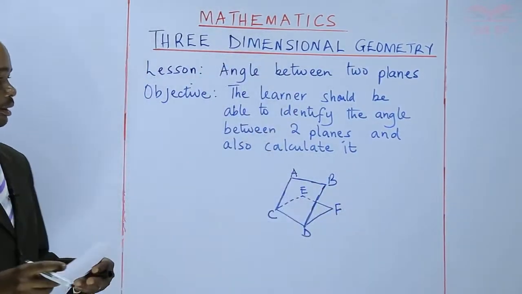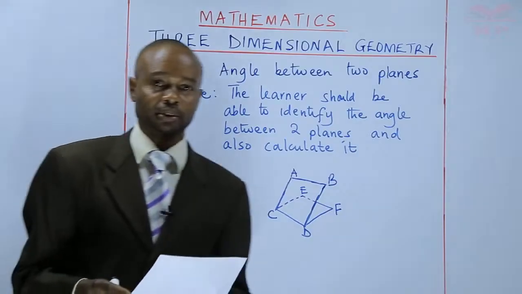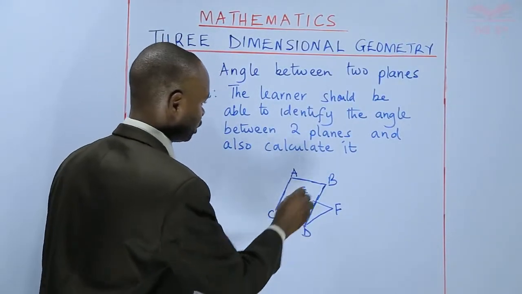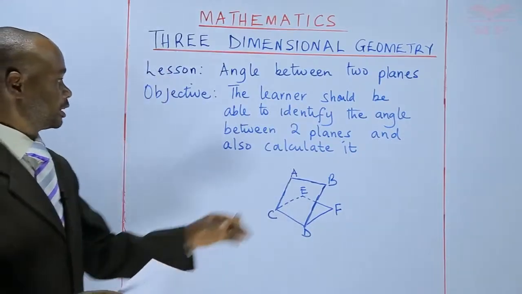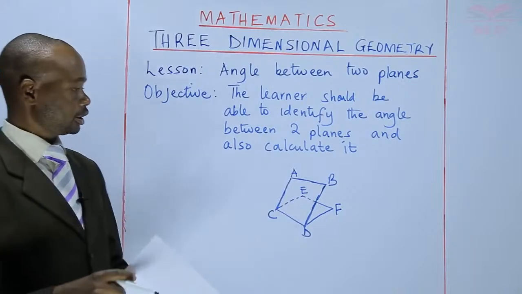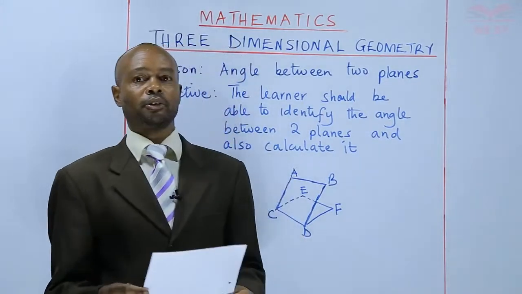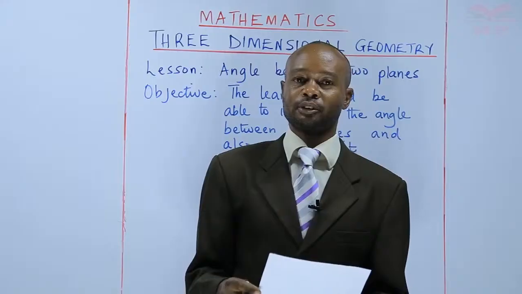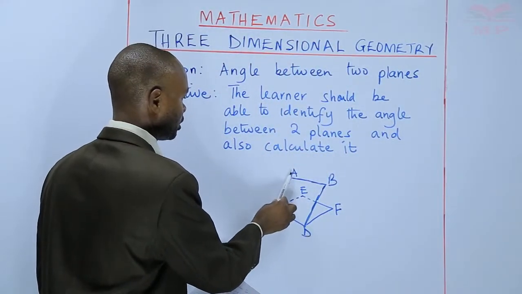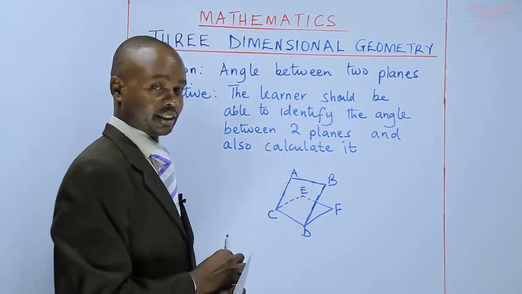Let us look on the board. We have plane ABCD and CDEF. Initially, we found that if we have a line and you sweep it through a fixed distance, you get a plane.